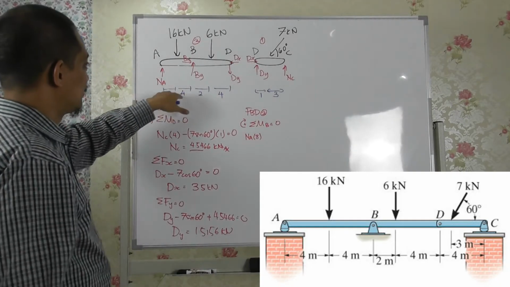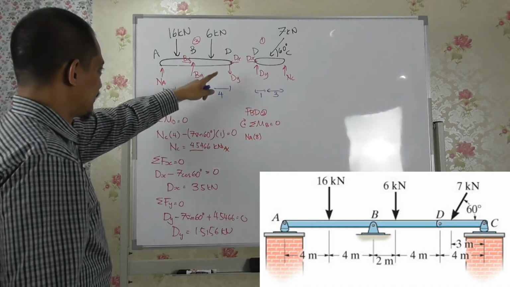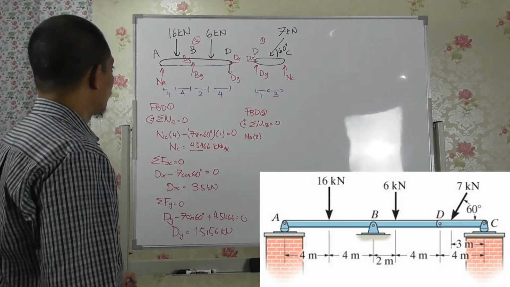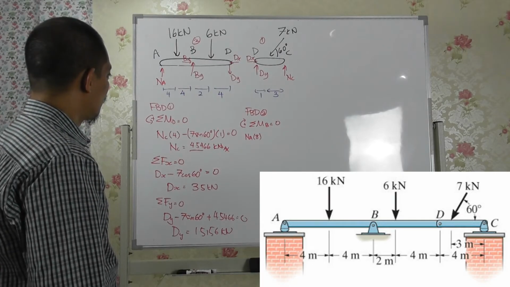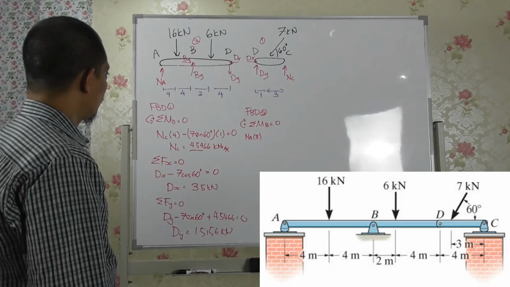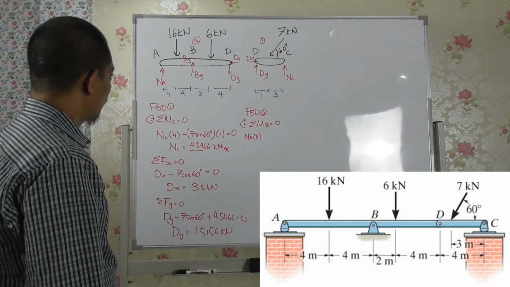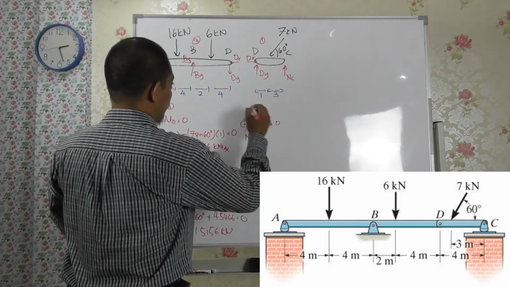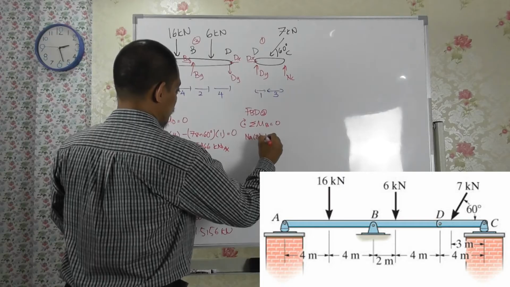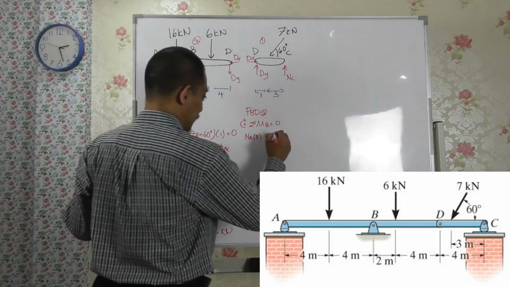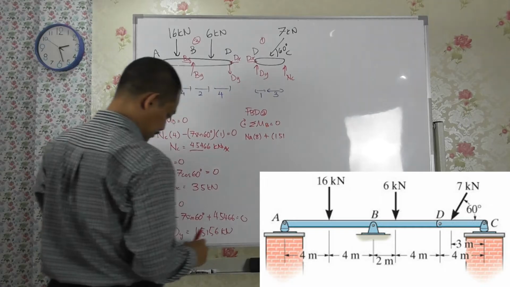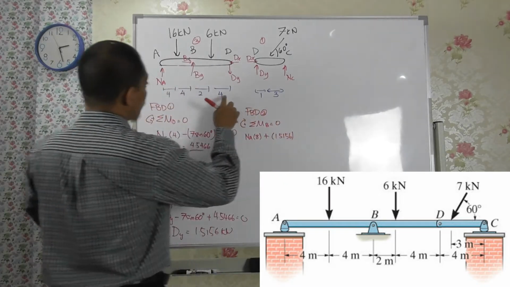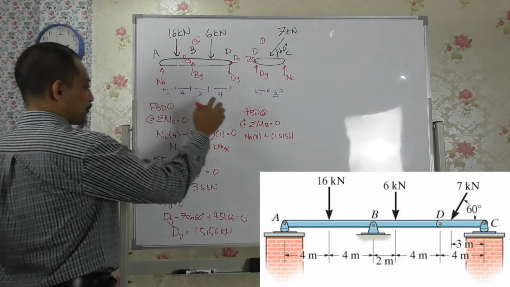Dx doesn't produce anything. Dy is clockwise as well, so plus 1.5156 times the distance, 8, 10, 14.